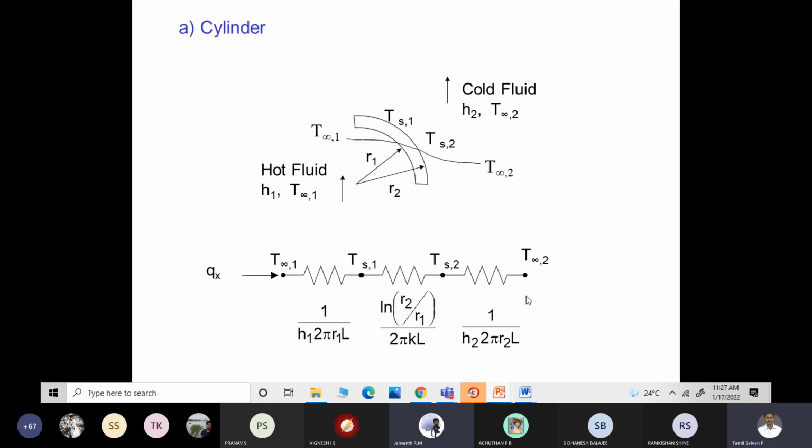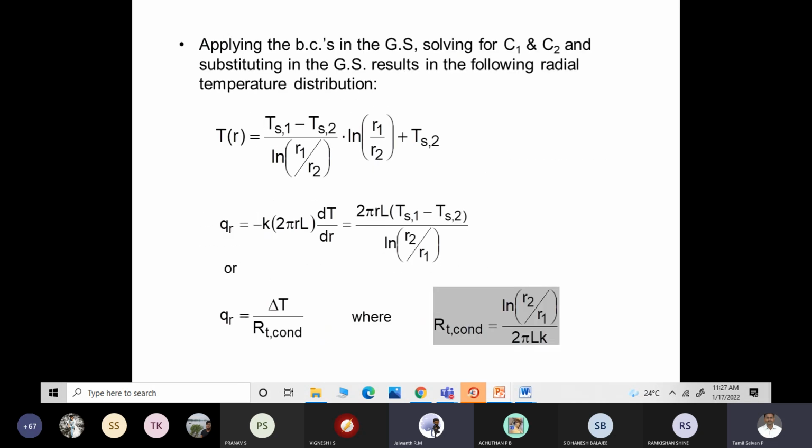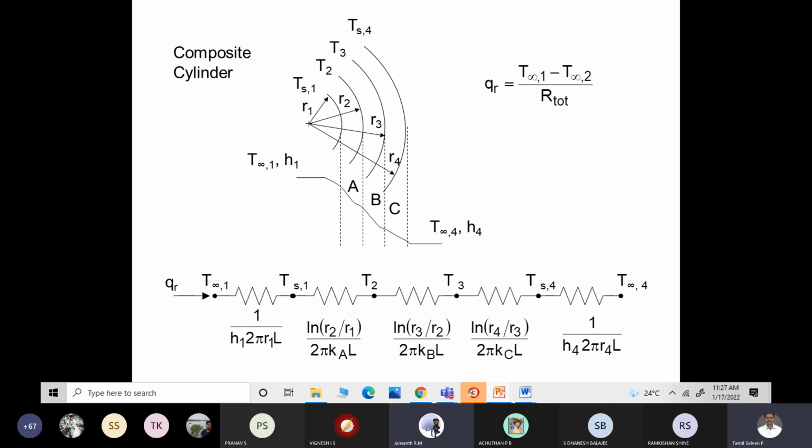Then naturally we will be getting this expression, so that particular thing you should know. Similarly, when you have a composite cylinder with so many layers of insulation, for example, you will have the pipe material, R1 the inner radius and R2 the outer radius, and then two insulations, R3 and R4 being the radii of the insulations, with inner fluid and outer fluid.